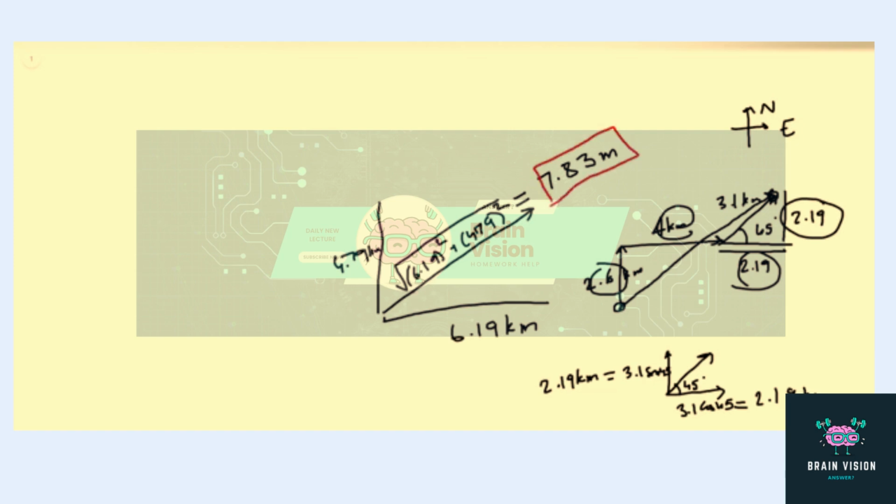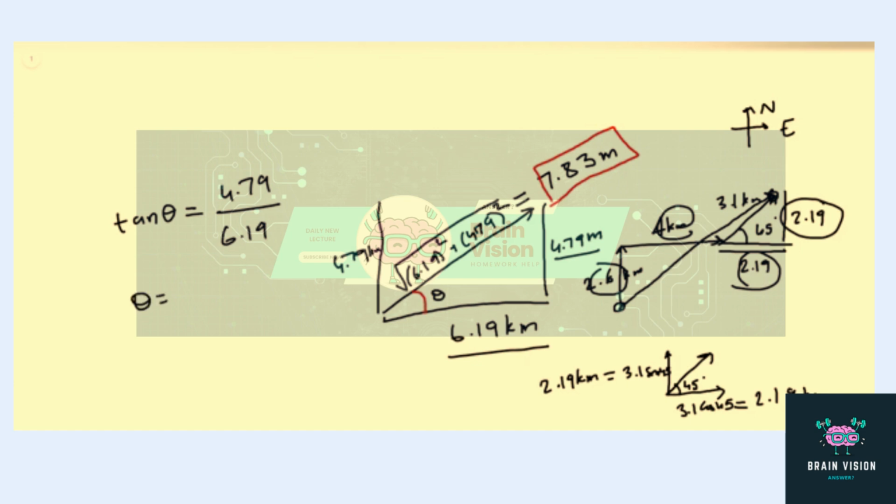Now we also need to find out this angle. Now if we call this angle theta, then its opposite side would be 4.79 kilometers. Now we can write tan theta is equal to opposite side divided by adjacent side, which would be 4.79 divided by 6.19.